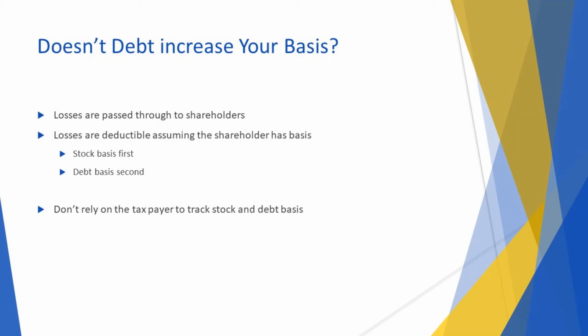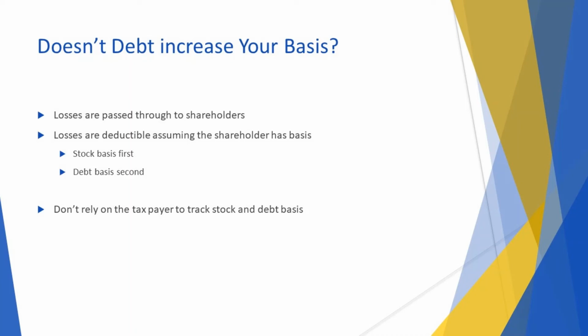Losses are deductible, assuming the shareholder has basis in their stock, and once all stock basis is exhausted, to the extent the shareholder has basis in debt to the corporation. It is important to note that stock basis is used first, and then losses may pass through to the extent that the shareholder has made a loan directly to the corporation.